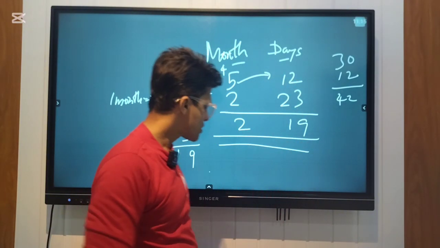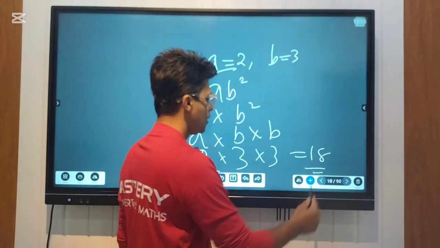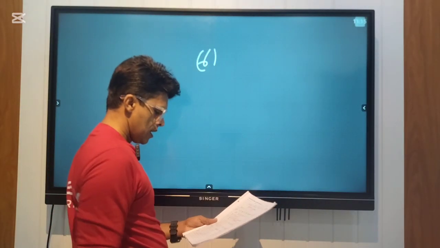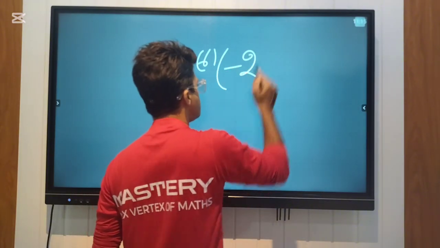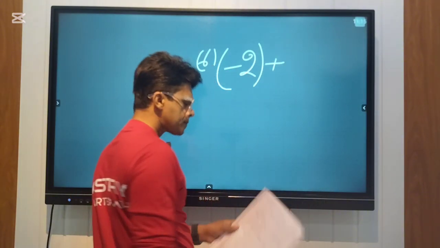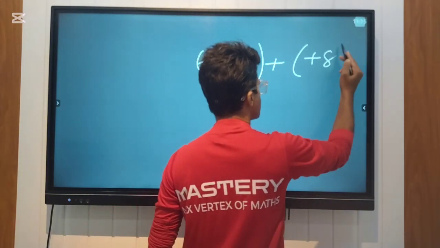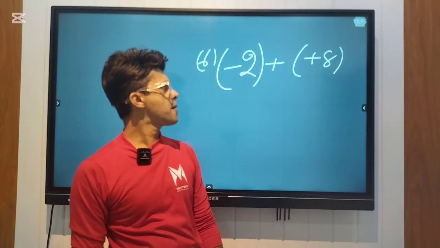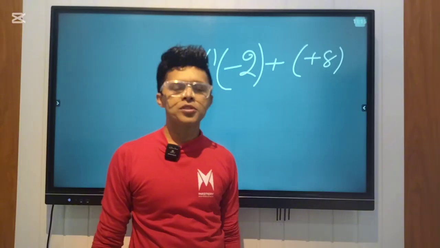Okay, so the 6th question, minus 2 plus 8. You will be able to see this type in your test paper. Here is a negative value, here is a positive value.